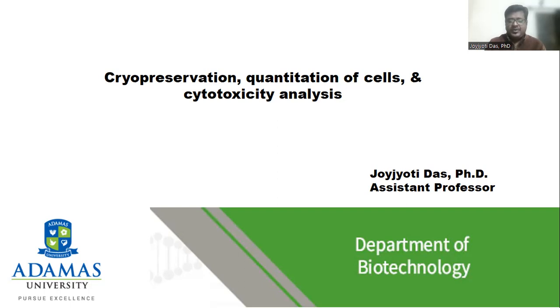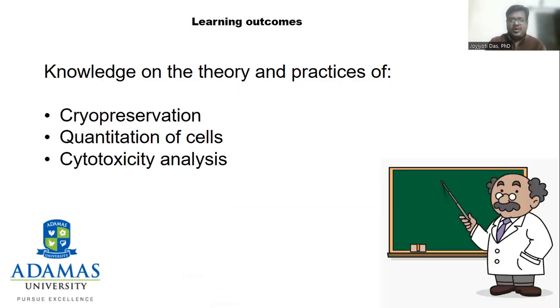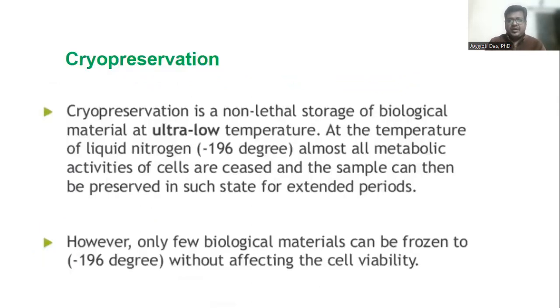First, we'll talk about the principle and practices of the technique called cryopreservation. Then we will talk about how to quantify cells, or how to estimate the number of cells in a cell suspension. And finally, we are going to talk about an important analysis with cells, which is called cytotoxicity analysis. So let's start with the topic cryopreservation.